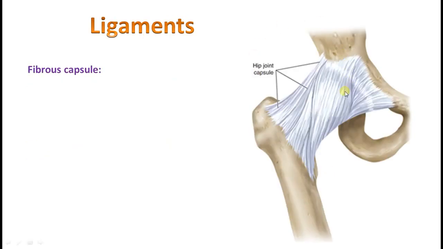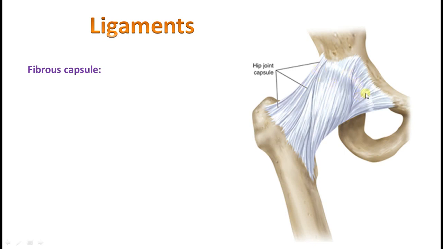First, the capsule. The capsule encloses the articulating surfaces and is attached to the margins of the articular surface. That means it attaches to the margins of the acetabulum, and anteriorly it merges with the acetabular labrum.